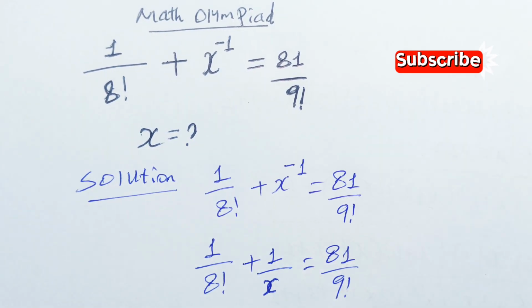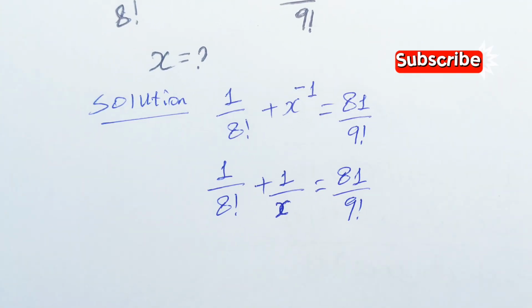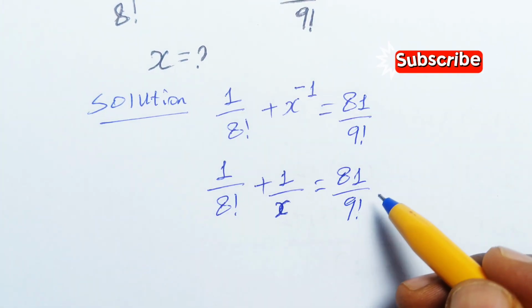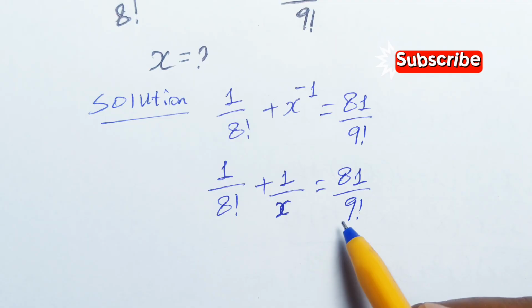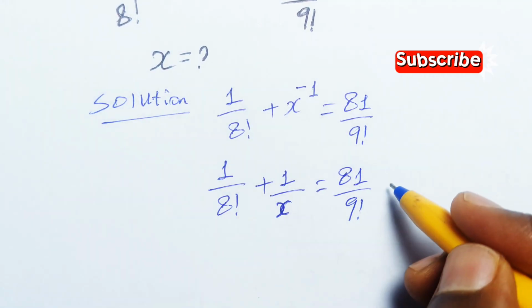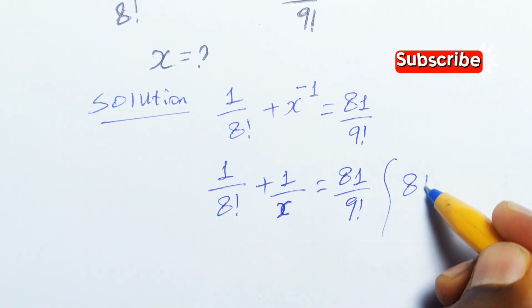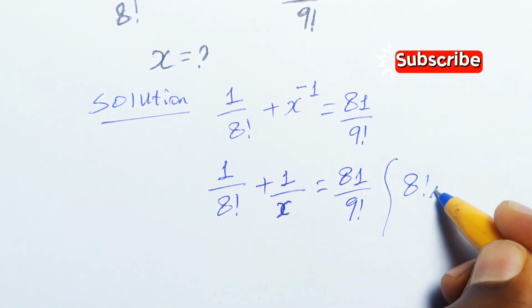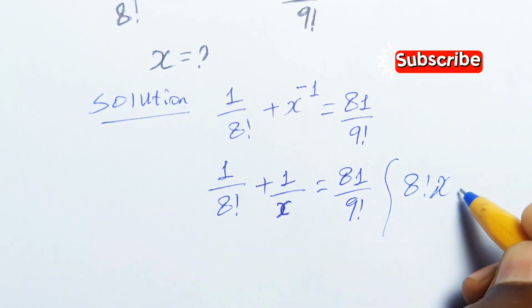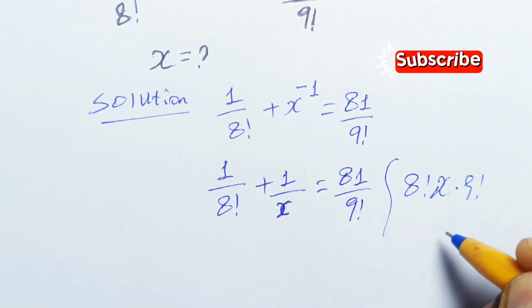Okay, let's take the common denominator, 8 factorial times x times 9 factorial.